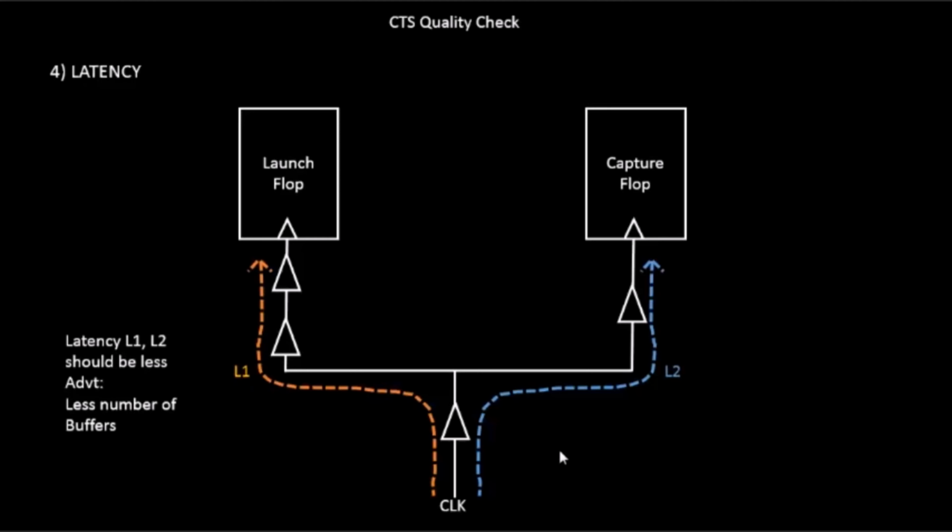The next advantage of having low latency is that if you have fewer buffers, it will eventually lead to fewer routes. For example, all these things work on certain kinds of algorithms. One such algorithm is that when you start from the clock pin, it will search for the next input of a buffer.